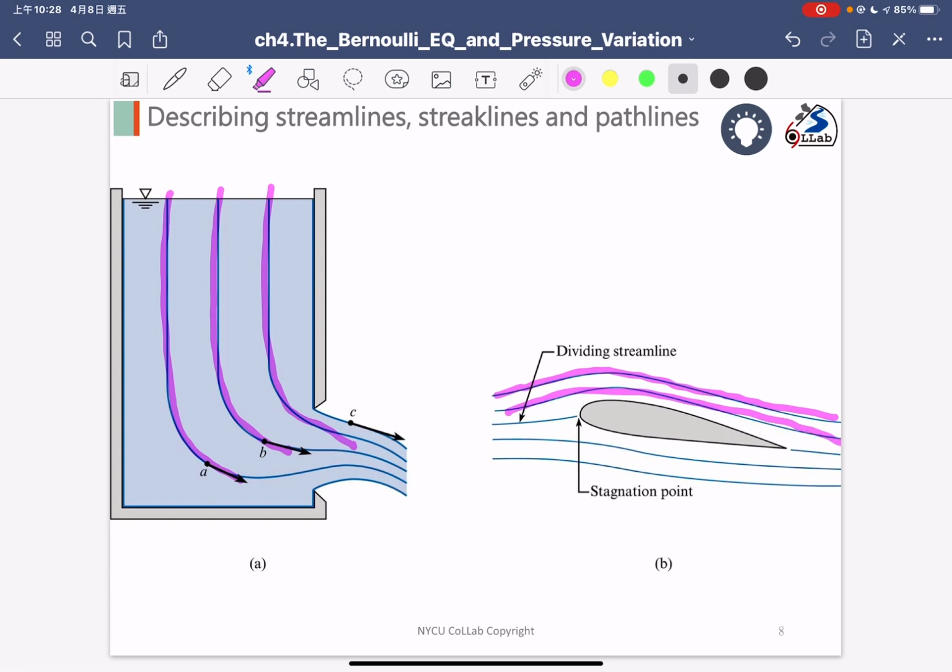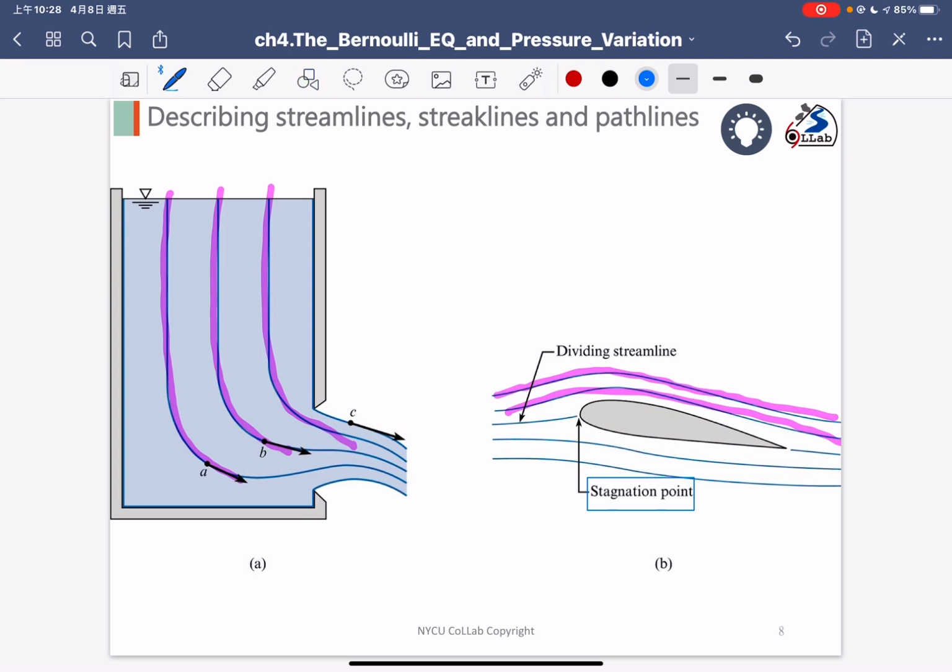And one important point showing here we call the stagnation point. Usually we call that 停滞点. In the following material, I will teach you what happens at the stagnation point.